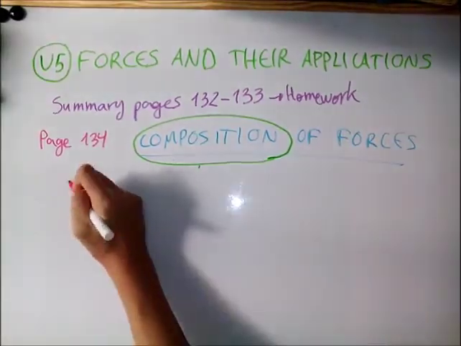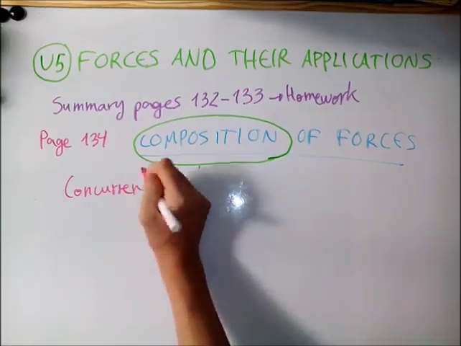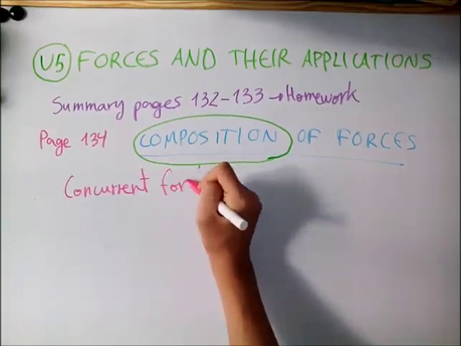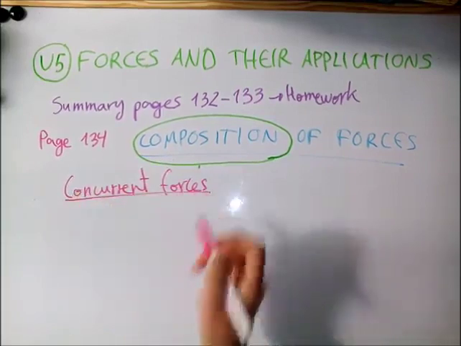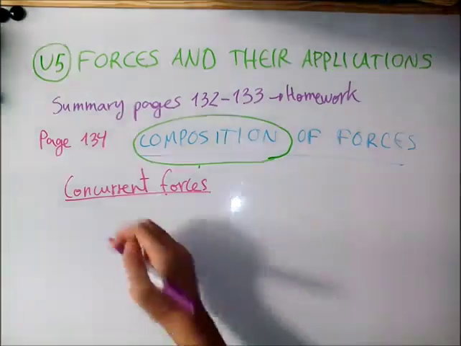So I'm going to write it in here, concurrent forces, as opposed to parallel forces, which appears on the other page. We are not going to learn about parallel forces, we're only going to learn about concurrent forces. So for concurrent forces, we have 3 cases, okay?